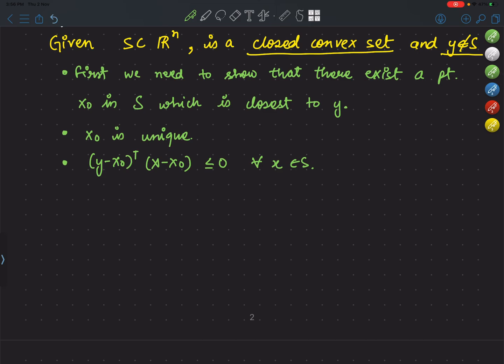I hope you remember the Weierstrass theorem, because that is what we are going to use.